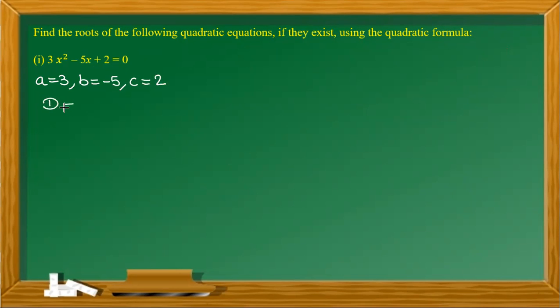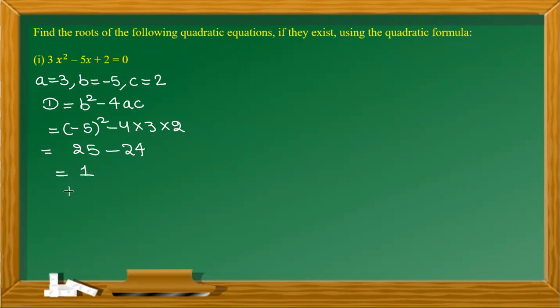We will first find the discriminant b square minus 4ac, which is equal to minus 5 square minus 4 multiply 3 multiply 2. The square of minus 5 is plus 25. 4 into 3, that is 12. 12 into 2, that is 24, which comes out equal to 1.